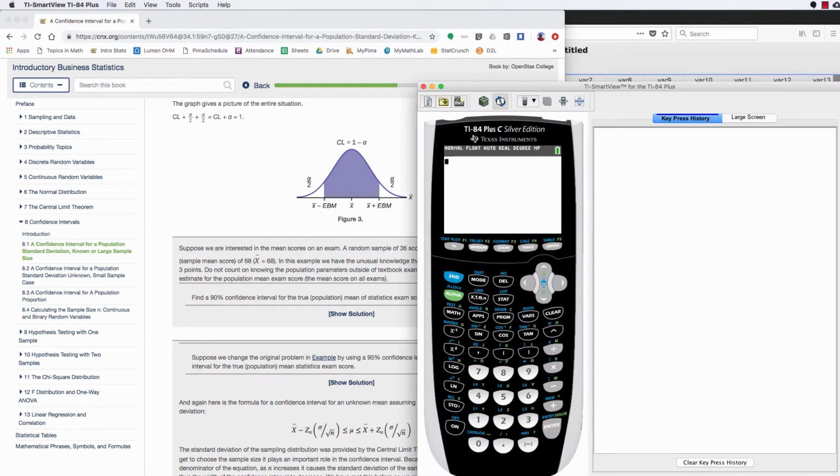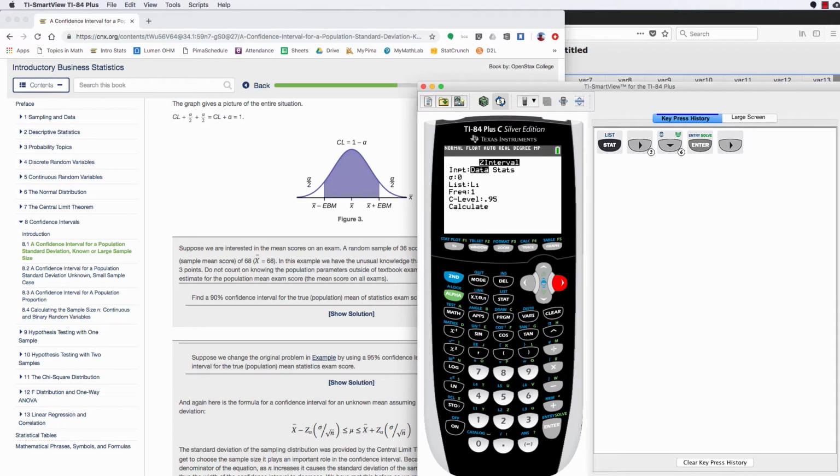So we go to our calculator and we go to our stat button. We go to the tab labeled tests and we scroll down to do a z interval. Now that's because we're doing the z tables, right? Enter. We're going to do it from the statistics we were just given.